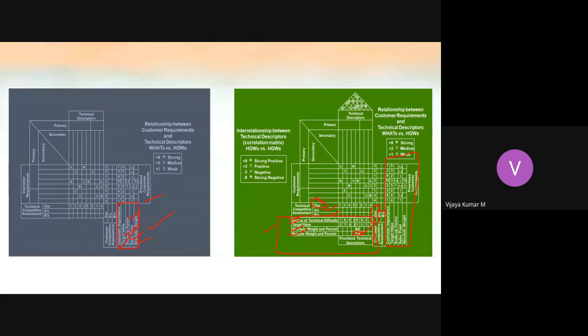If something is wrong because your weightage is less, then you can understand where exactly you are going wrong, whether at the technical descriptor side or at the customer requirement side, and what parameter needs to be improved. All this information you will understand with the help of the QFD analysis, that is called quality function deployment analysis. This is how the QFD will be prepared.